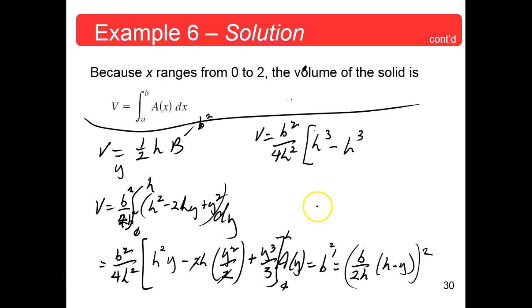Should have erased that, but I didn't. Plus, and by the way, these are going to divide out to nothing, and this will be h cubed over 3. And the zeros would not produce anything.